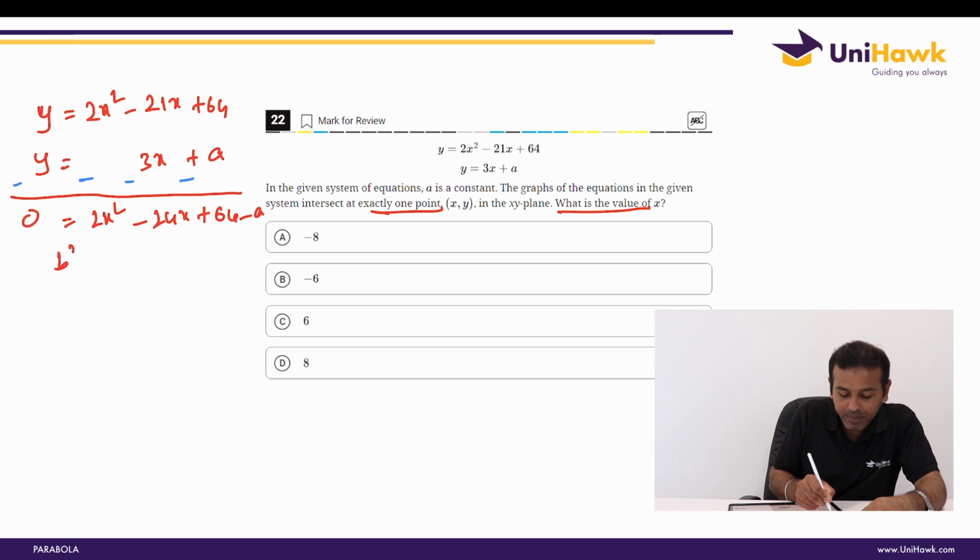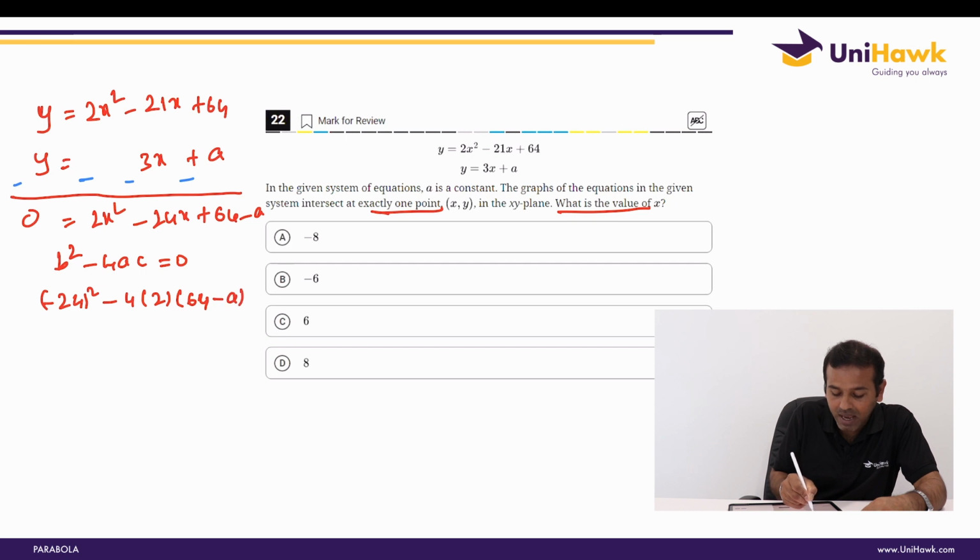Discriminant is b square minus 4ac, and this b is minus 24 whole square minus 4 times a is 2 times c is 64 minus a equals 0.